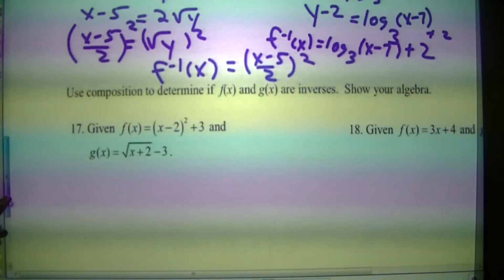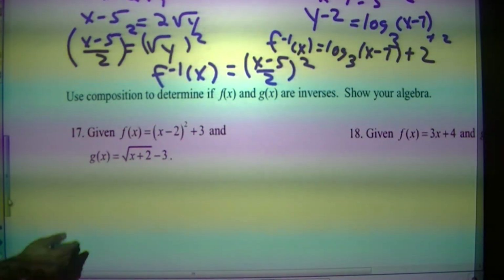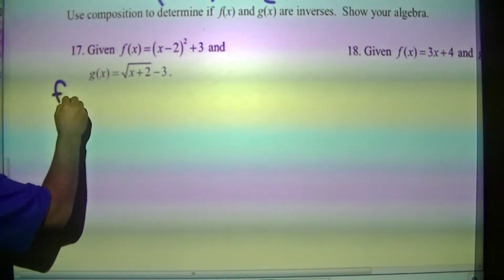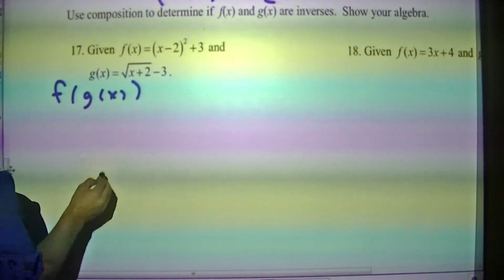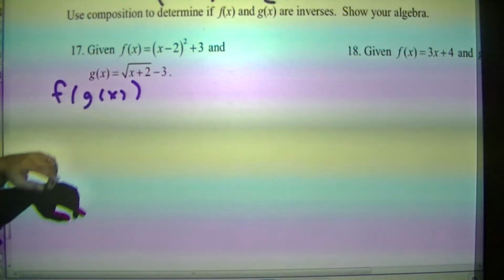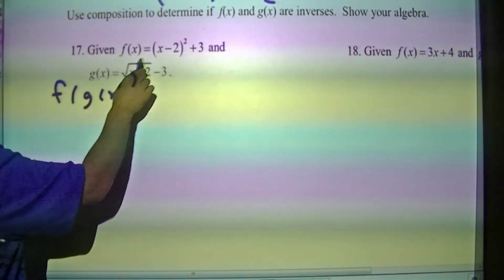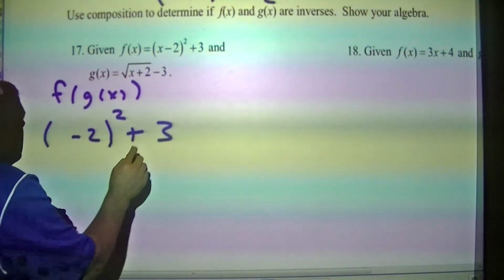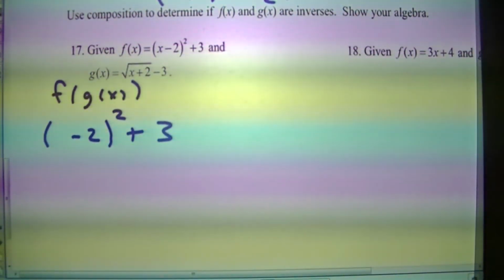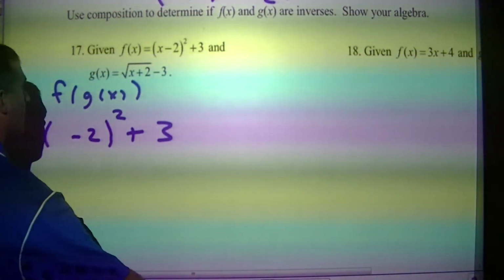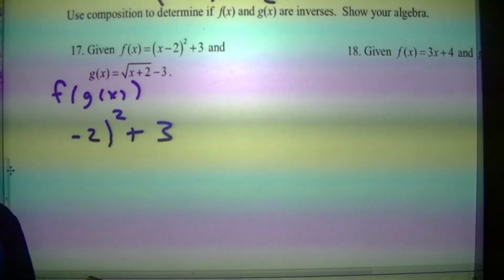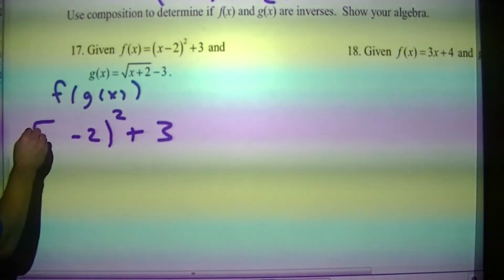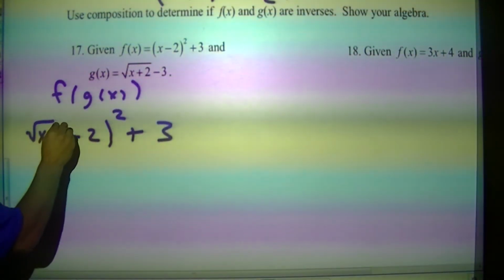Use composition to determine if they're inverses, okay? So what you have to do on your own is use the concept of f of g of x. I'm going to start with f, which is this. Now, what's going to go inside there for me is the square root of x + 2 minus 3.